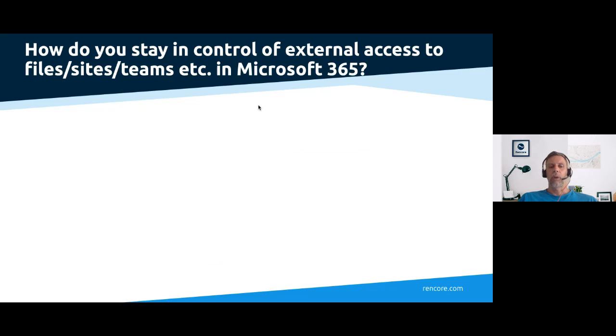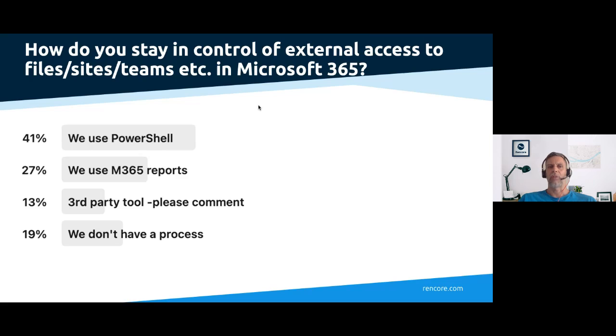All right, so again, like we always try to do for these webinars, we did some polls on LinkedIn because we have a pretty big audience there. So we asked, how do you stay in control of external access to file sites, teams in Microsoft 365?